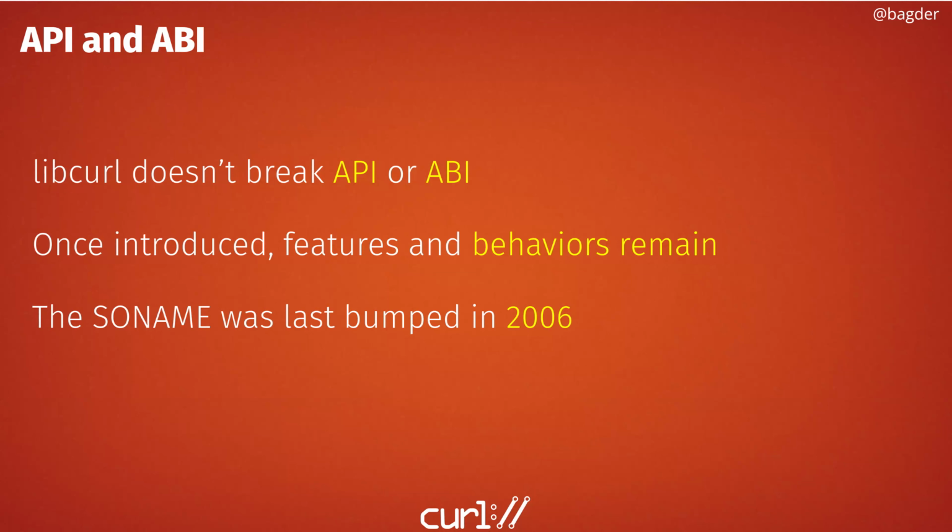But since 2006, every application you wrote can still upgrade to the latest libcurl and they will work. Caveat some edge cases, for example, if you would use old TLS versions back in 2006, they are not working these days, but not because of the API or ABI, just because the internet has sort of moved on since then.